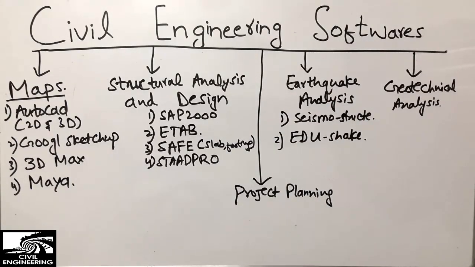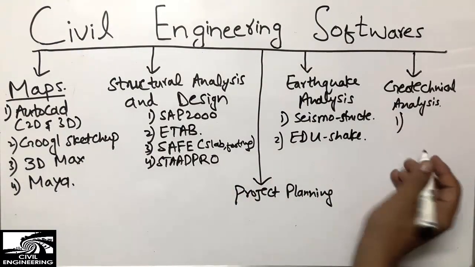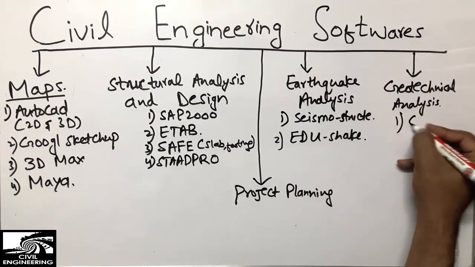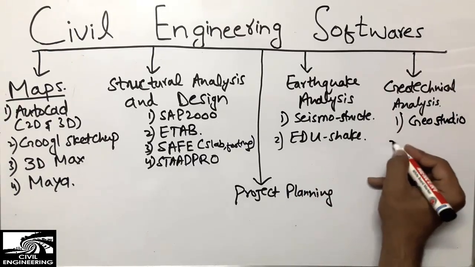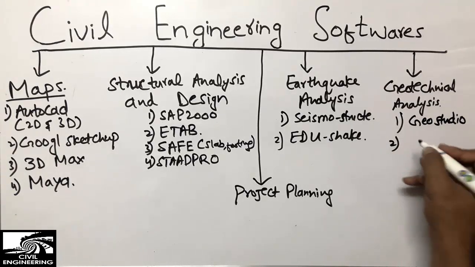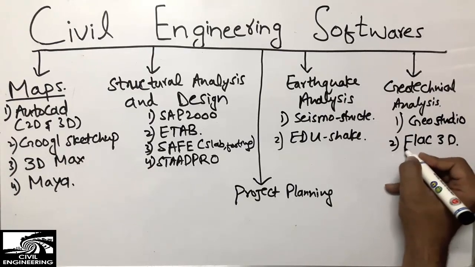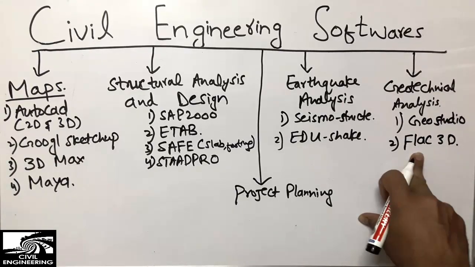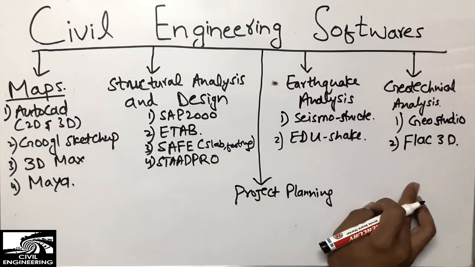And now the geotechnical software. Some software is also used here. GeoStudio is used for geotechnical investigation, and FLAC 3D is also used for soil investigation, rock investigation, and properties of the soil. We use these two software, right?